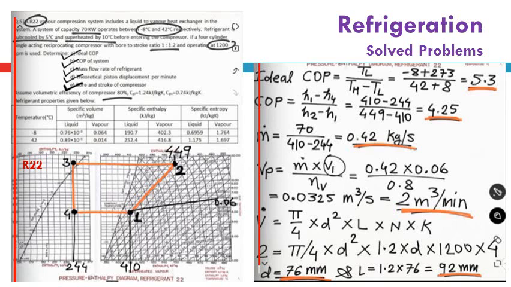Firstly, we have to plot the cycle corners as usual on this p-h diagram for R22.